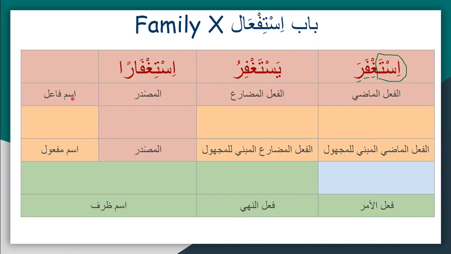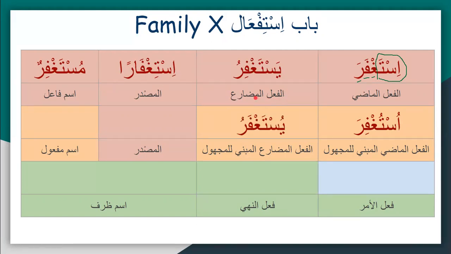So fahuwa becomes: replace the ya with mu, and the second last letter gets a kasra. So mustaghfirun. Istaghfara yastaghfiru istighfaran fahuwa mustaghfirun. The passive is ustughfira. We are not touching the sukun, but the second last one gets kasra and all the rest get dhamma. So ustughfira.